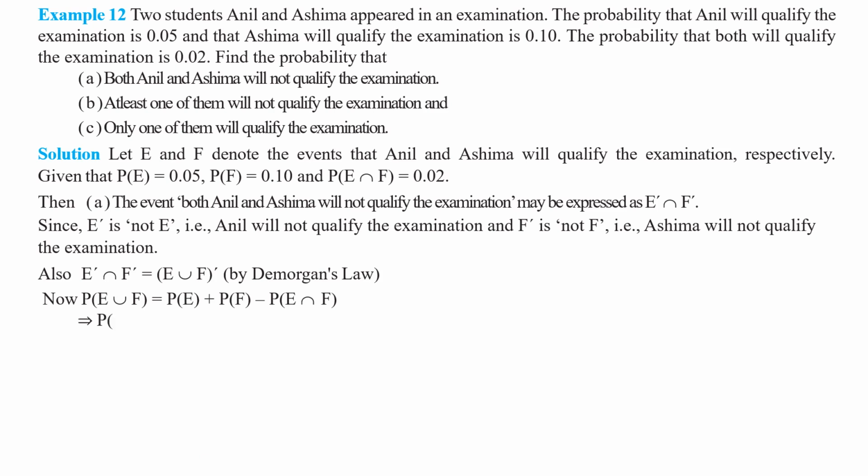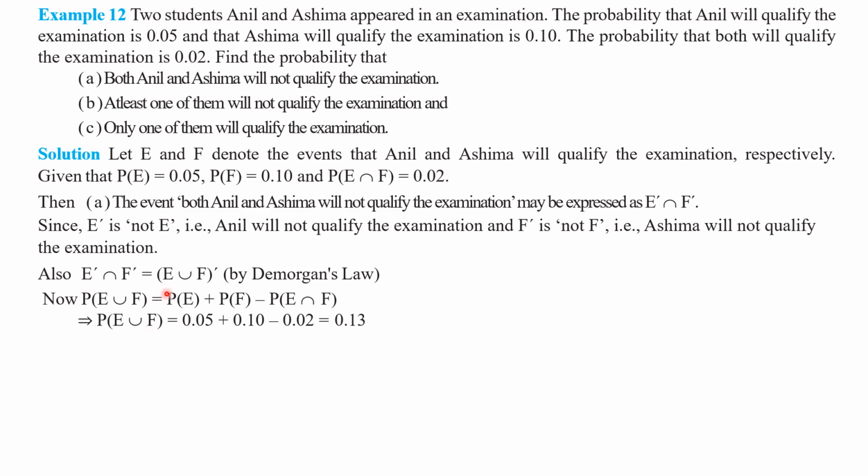Right. So, in this formula, we substitute the values of P of E, P of F and P of E intersection F. Okay, my children? Understood this step? We substituted the three values. By simplifying these three values, what will you get? 0.13. This is the probability of E union F. Okay, my children?